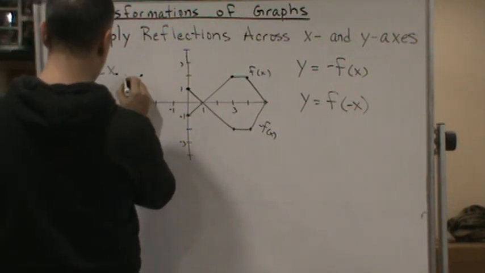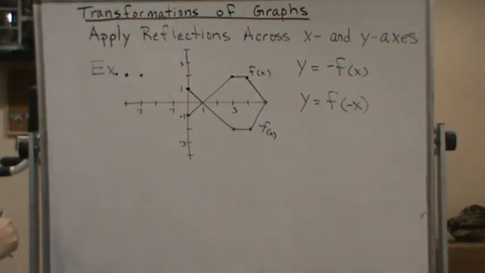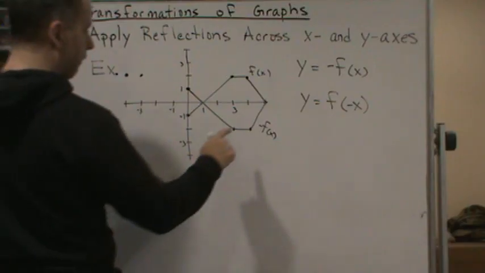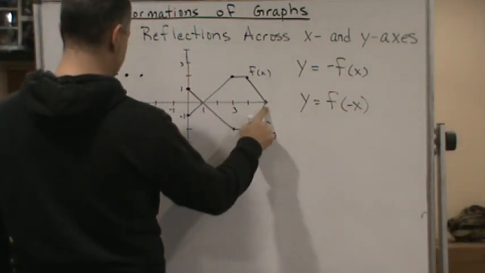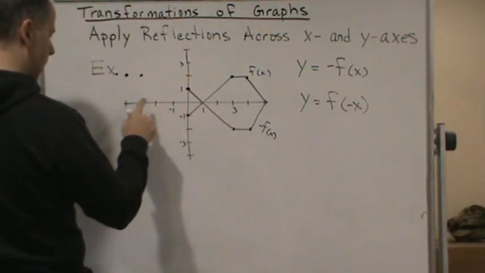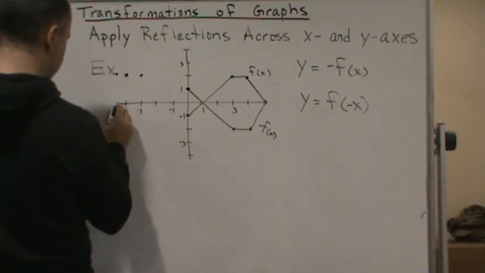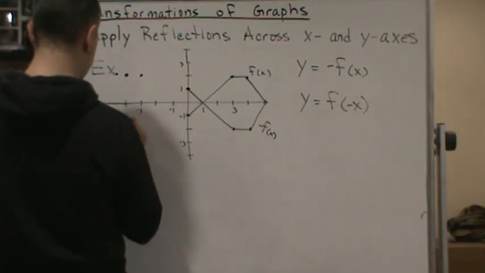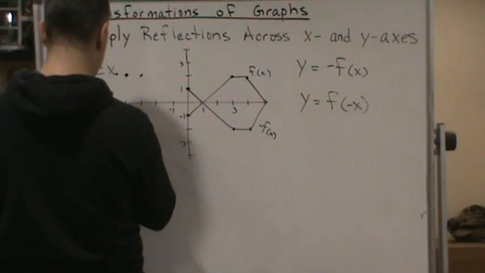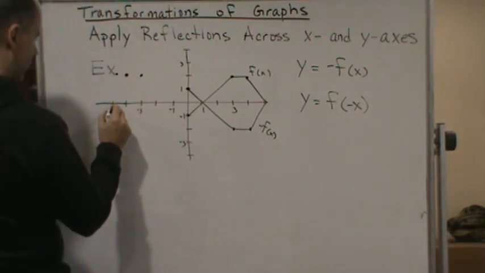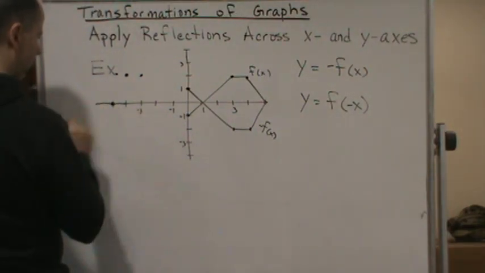So that's going to be right about there. And then (5, 0) is going to reflect across and become (-5, 0). And so that's going to be here.